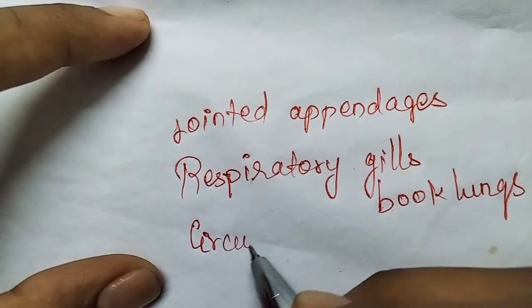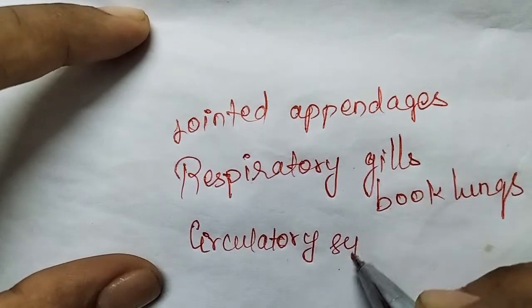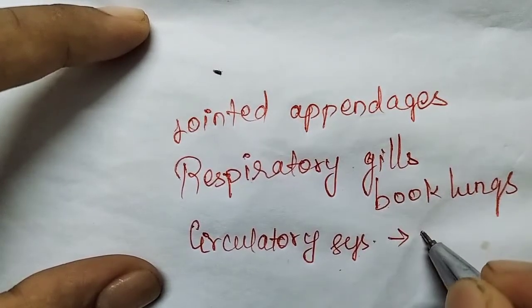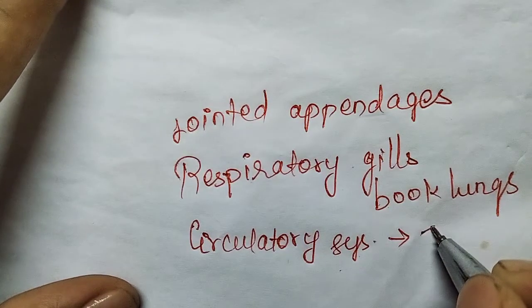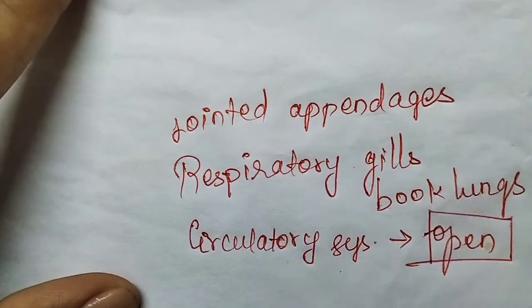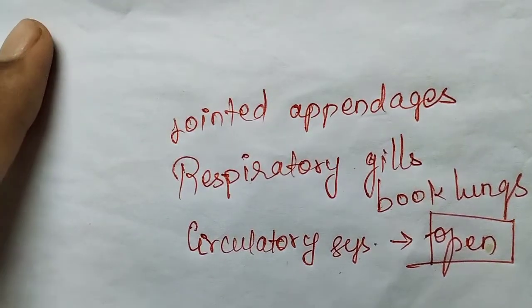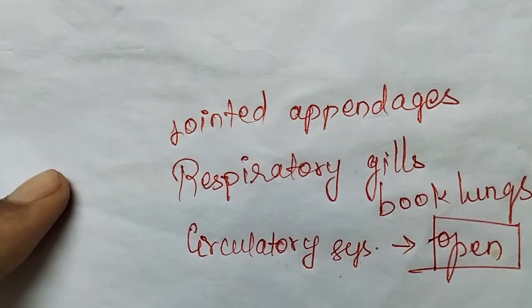In arthropods, the circulatory system is open, while in annelids it is closed. Important thing.